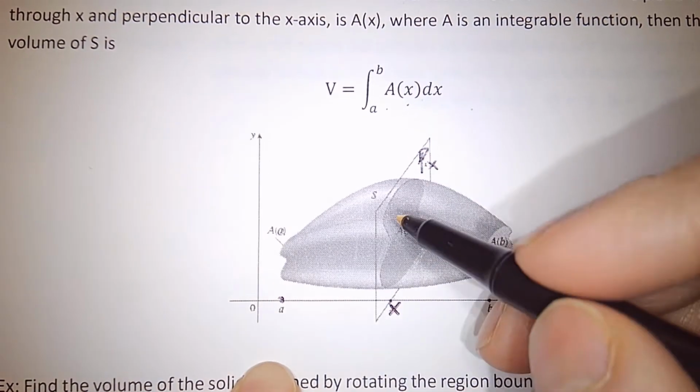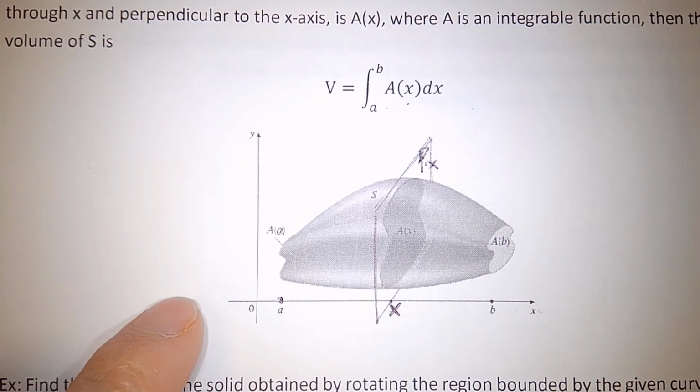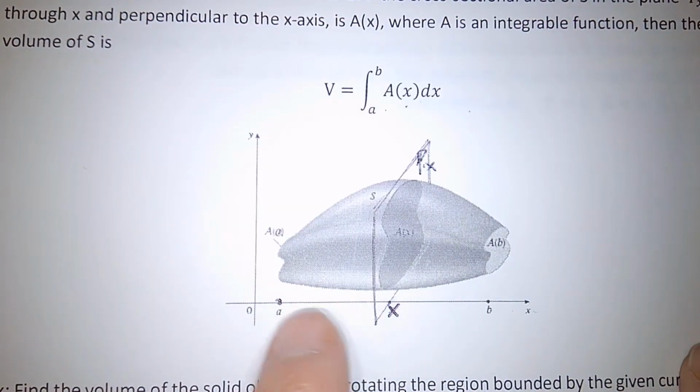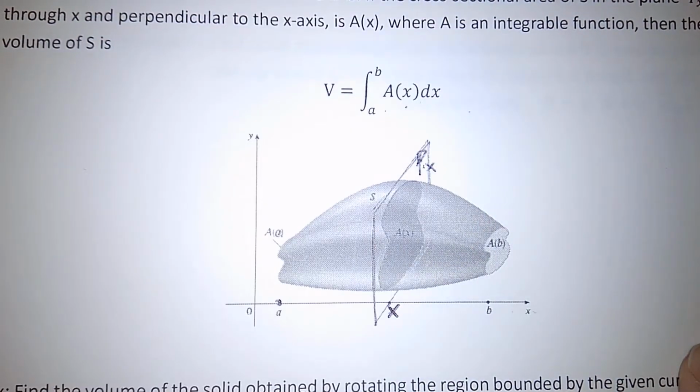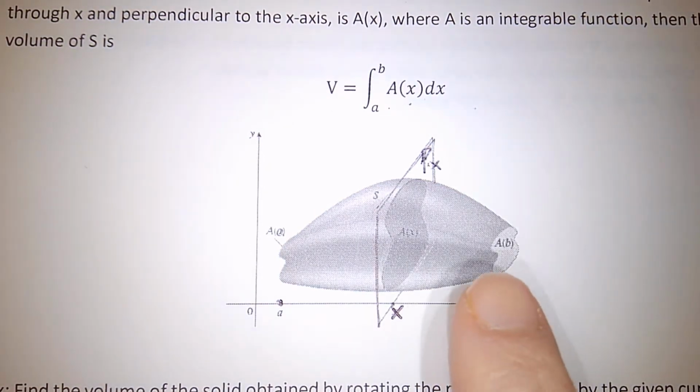We draw this plane P_x. It's like a knife which is perpendicular to the x-axis. Think about a loaf of bread, and we use a knife to cut it through, just like that.